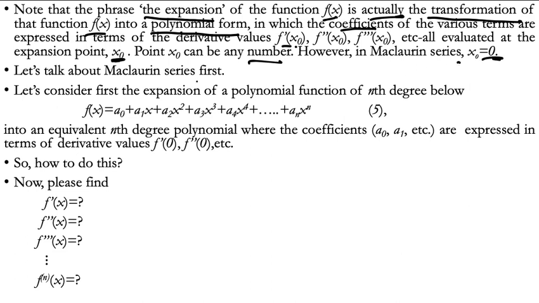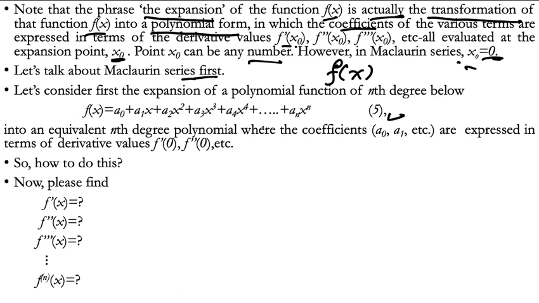So we want to talk about the simplest thing first, so we look at the Maclaurin series first. Let's consider we have a function, call it f(x), and f(x) here is a polynomial function. So this is the original function.